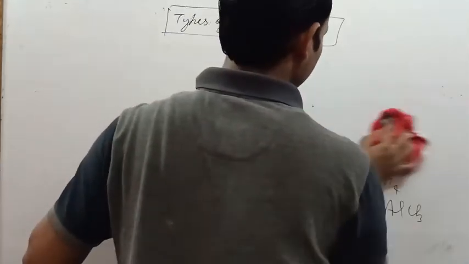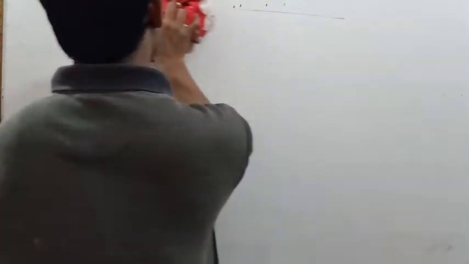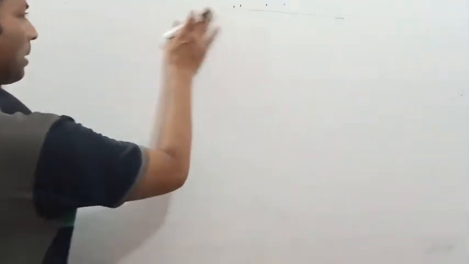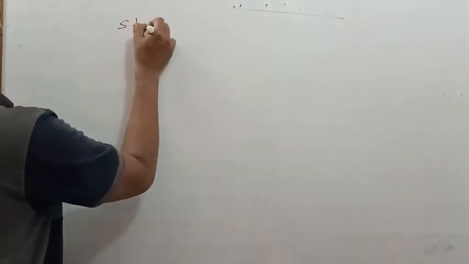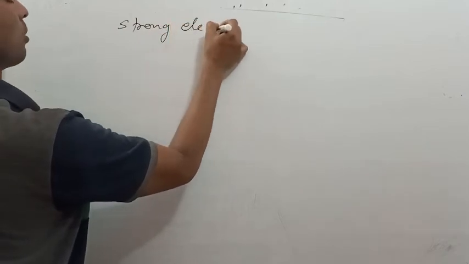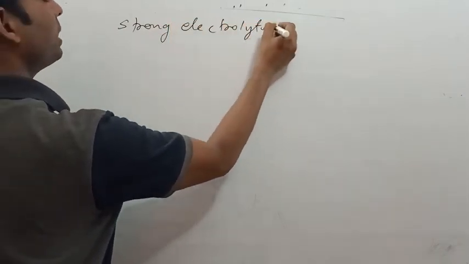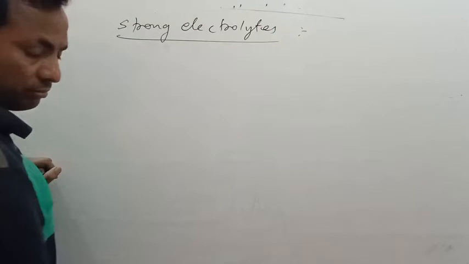Further, strong electrolytes as well as weak electrolytes are divided into three major groups, because I have just written the lesson name: acid, base and salt. So these electrolytes may be acid, may be base, may be salt. Strong electrolytes may be acid, may be salt, may be base.